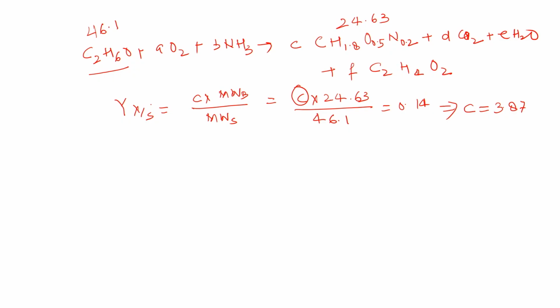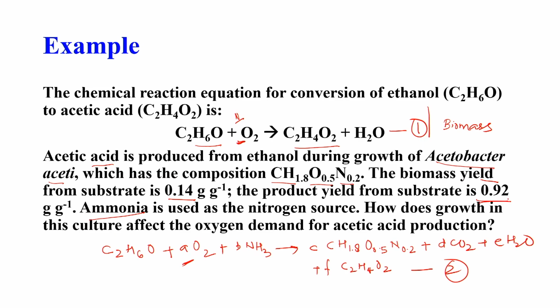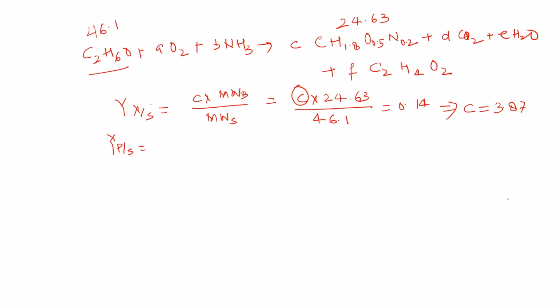Similarly, the yield of product, Y P by S, is 0.92. So, this will be F into, how much product is formed here? F into the molecular weight of product divided by the molecular weight of substrate.